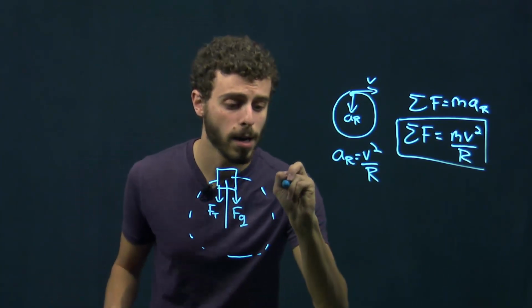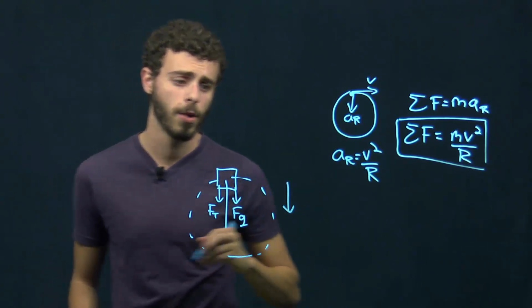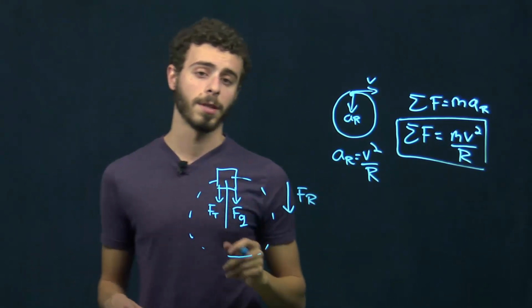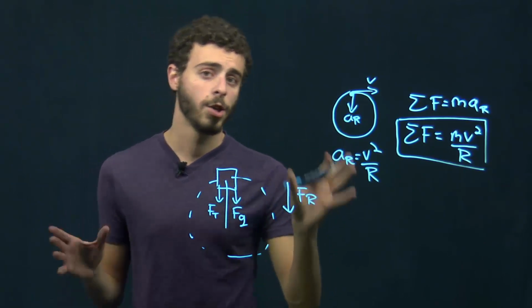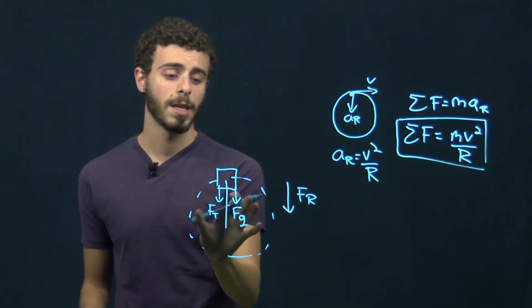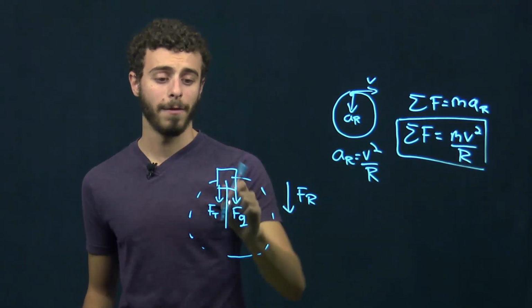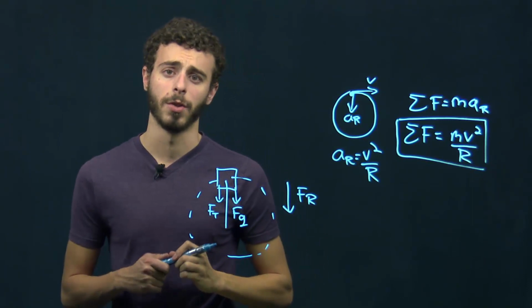So what we could do to remind ourselves that there is some force pulling towards the center, which is going to cause this circular motion, is just label the sum of those forces as a radial force. So in our free body diagram, we want to draw this separately, off to the side just as a reminder. These two forces have to add up to equal mv squared over r in order to have the required force towards the center to keep this traveling in uniform circular motion.